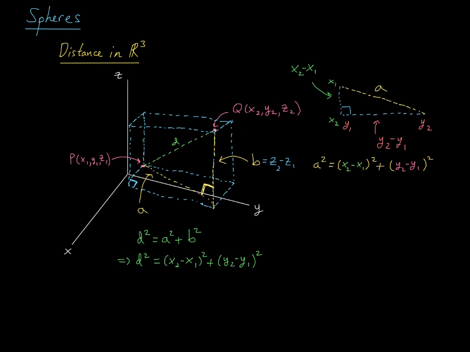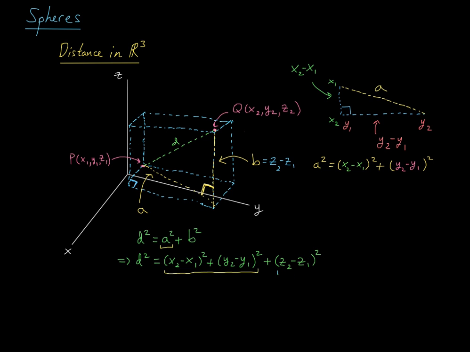This portion is coming from the A squared that we just computed, and then we add B squared, which is z2 minus z1 quantity squared.